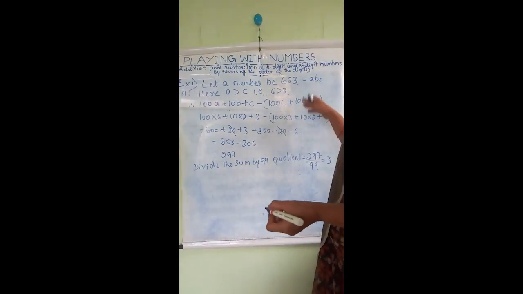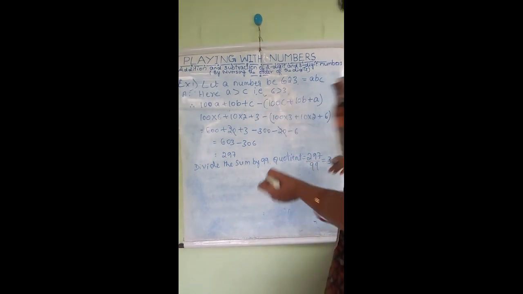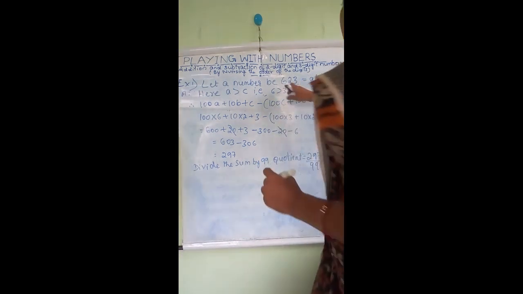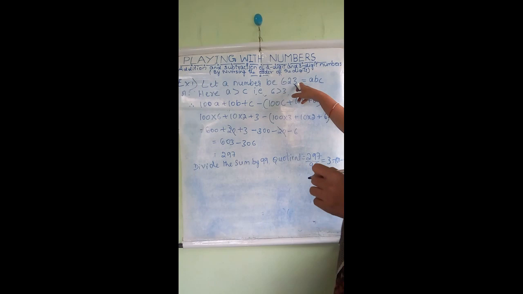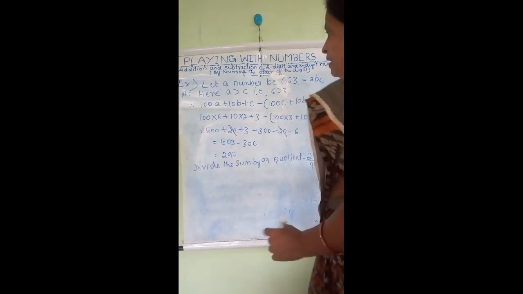Which is equal to A minus C, no? Your answer is equal to A minus C. A is 6, C is 3. 6 minus 3 is 3. Your answer is also 3. Like this you will get the answer.